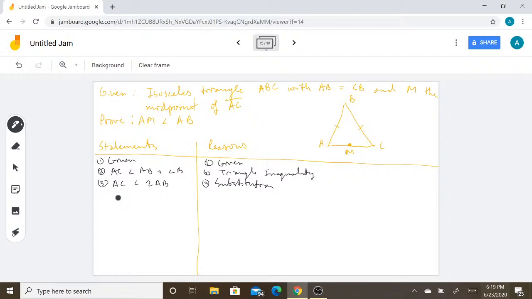Next we can use the definition of a midpoint to say that the measure of AM is equal to the measure of MC, because a midpoint splits a line segment into two congruent parts.